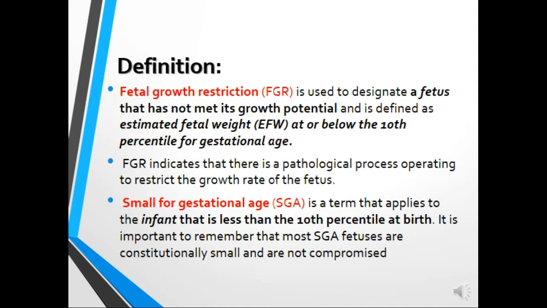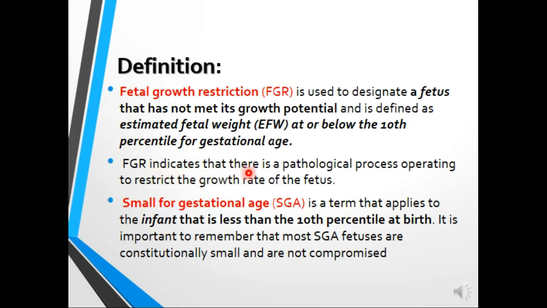Definitions. Fetal growth restriction is used to describe a fetus that has not met its growth potential and is defined as estimated fetal weight at or below the 10th percentile for gestational age.